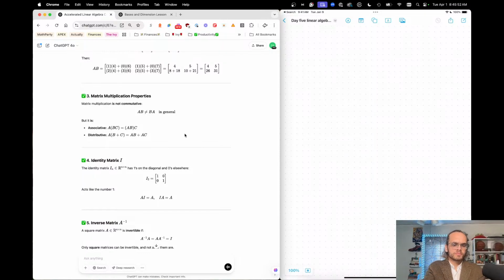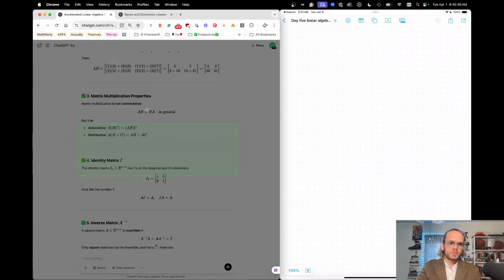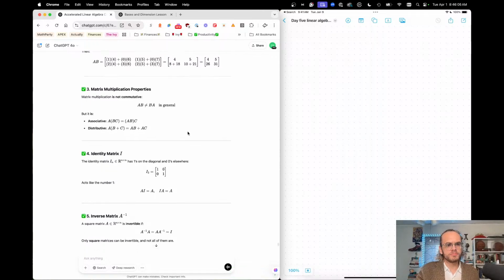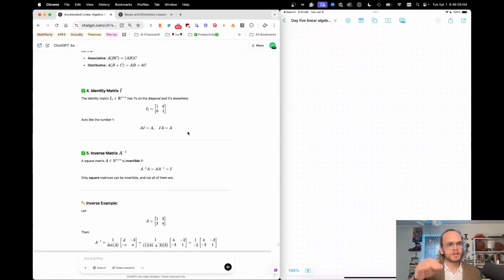So that's interesting, and why it's distributed. So interesting. And then we have the identity matrix. It has ones in the diagonal and zeros elsewhere. Again, familiar with that.